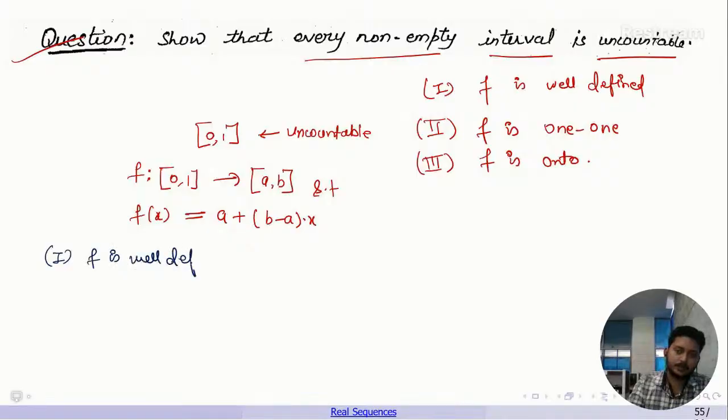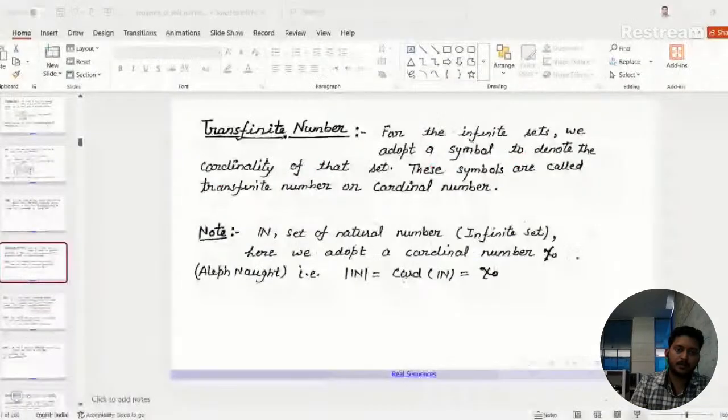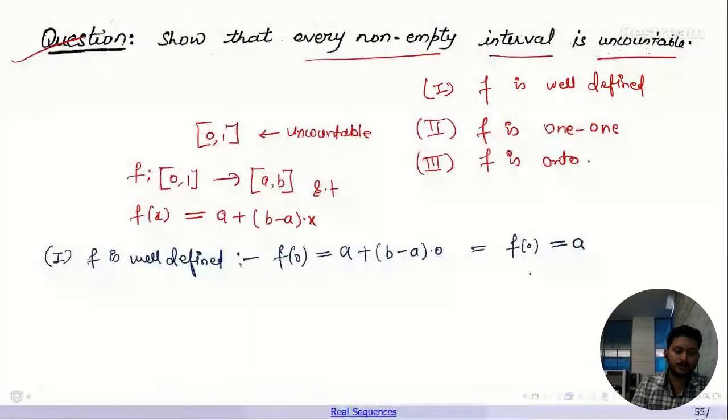Well defined means what? It means put f(0), which is equal to a plus (b minus a) dot 0. Then you get f(0), which is basically equal to a. Okay, and then you put 1: a plus (b minus a) times 1, which is equal to what?